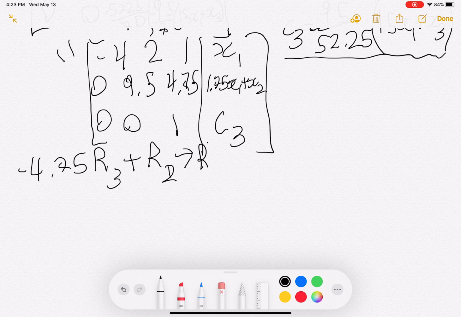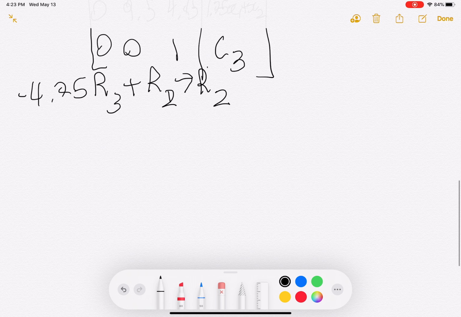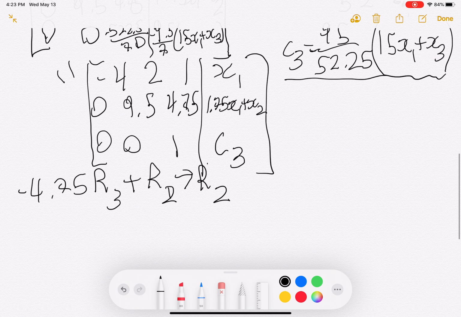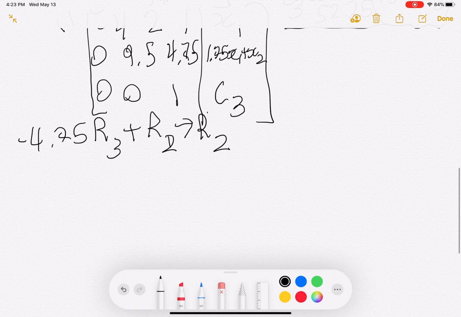Changes go to row 2. So let's write this out now. And then we might be able to multitask here. I'd rather not, since we have these annoying values here.